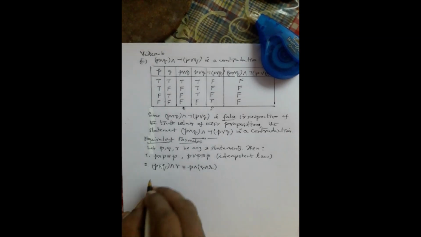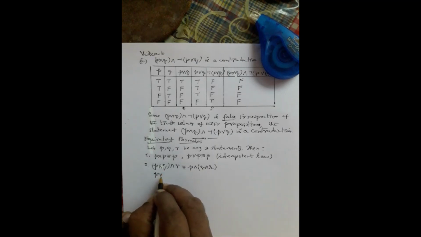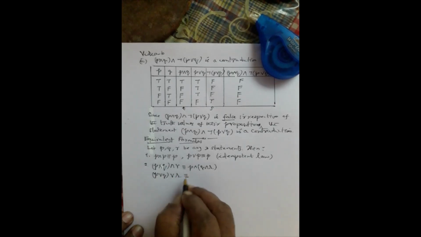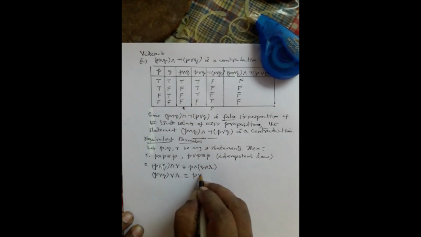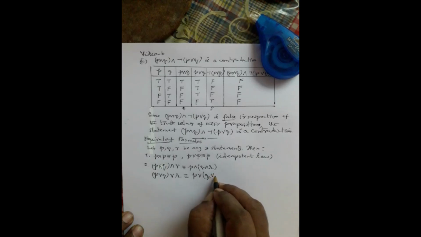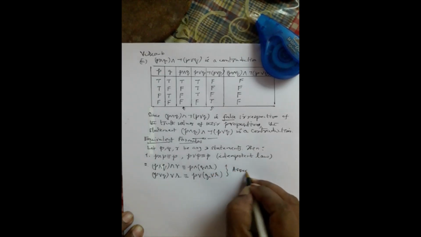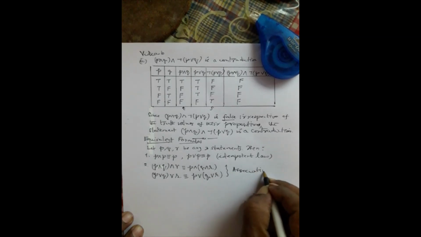The same thing is true if we have 'or': P or (Q or R) is logically equivalent to (P or Q) or R. This is known as associative law.